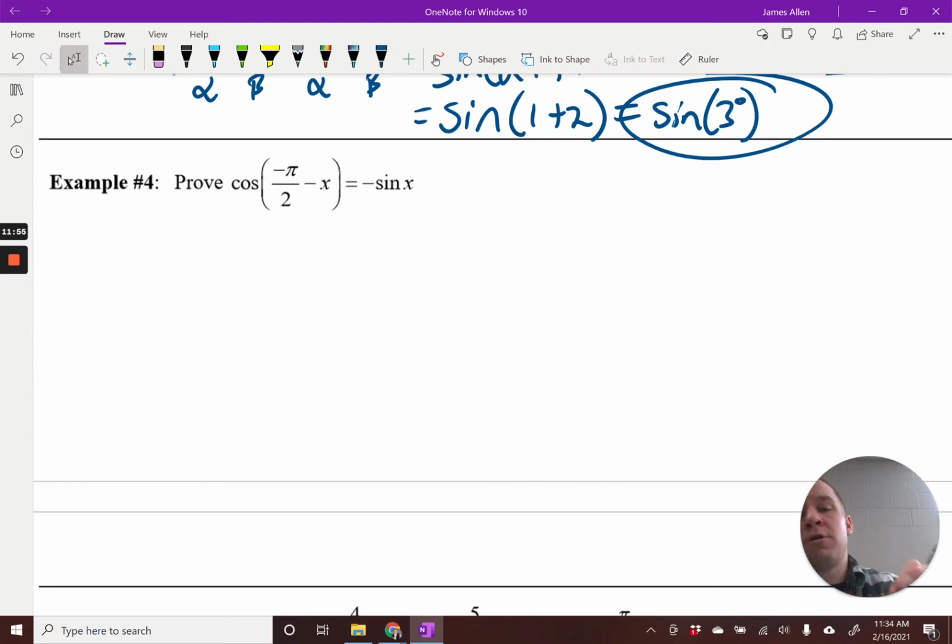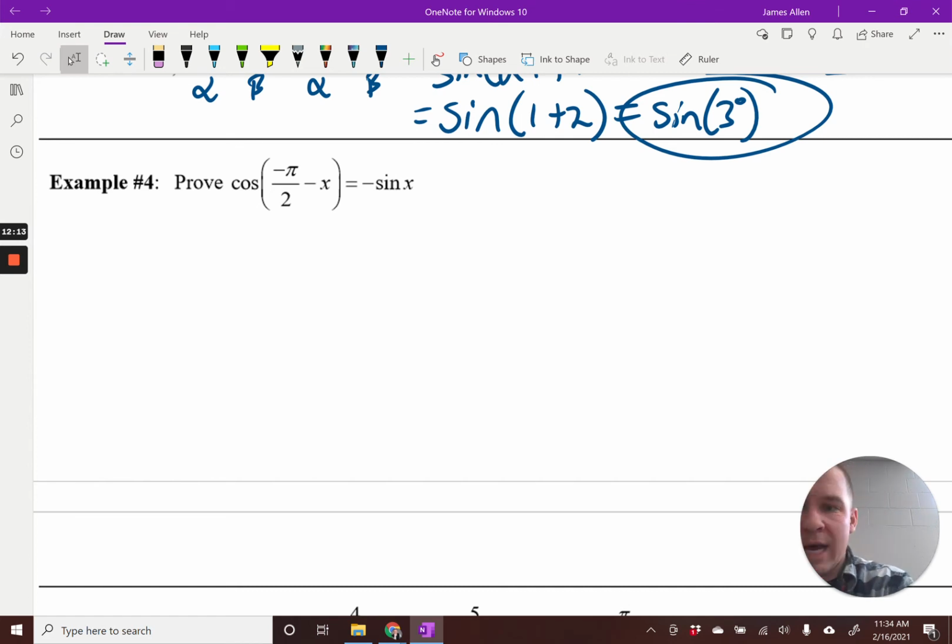So, want to prove that cosine of negative pi over 2 minus x is equal to negative sine of x. So, what we can do here is use our cosine difference formula and expand it, and let's see if it simplifies down.